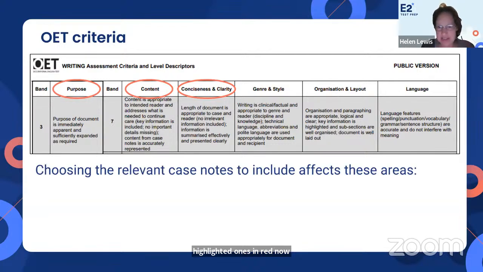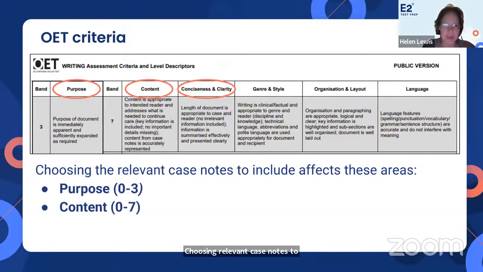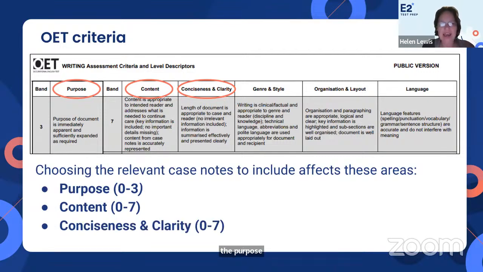Choosing relevant case notes to include affects these areas: the purpose, the content, and the conciseness and clarity score. Those 3 criteria are connected to the work we've practiced today, choosing the relevant case notes. I'll just mention about that briefly.